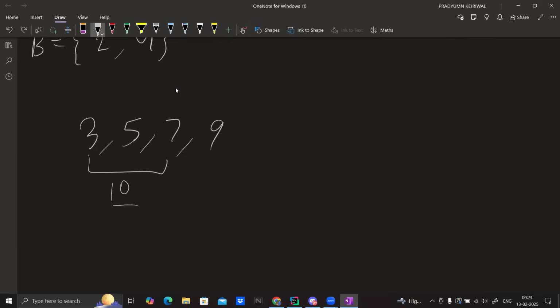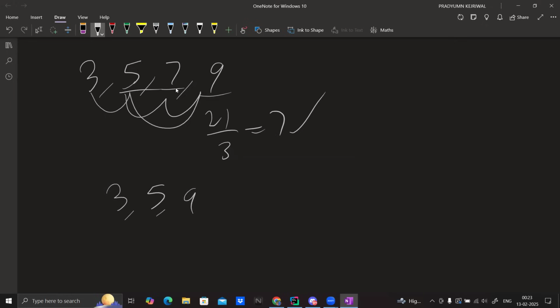So now what do we do? Let's look at length 3. Okay, so let's say we have this. 5 plus 7, 12 plus 9, 21. 21 by 3 is 7. So it is integral. But let's say we take 3, 5 and 9.